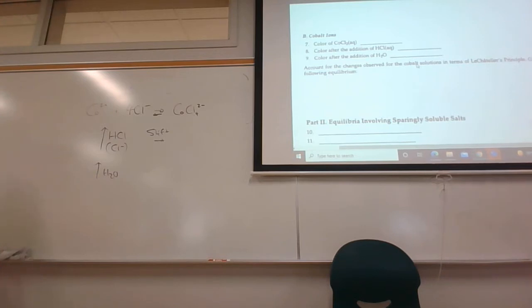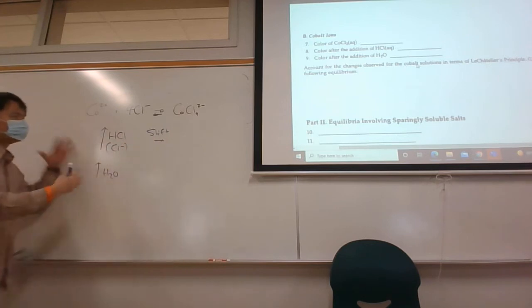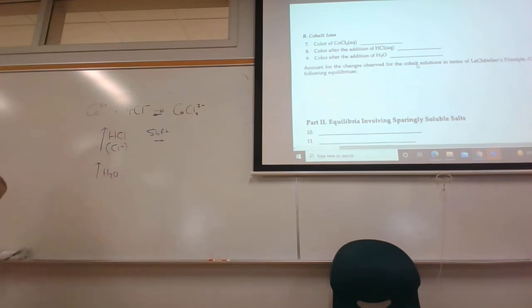Cutting the concentration is like increasing the volume of water, increasing the volume of liquid. It's the same thing as with gases. If these were all gases and I increase the volume, that is, decrease the concentration, which side will it shift to? It'd shift to the side with more gas.